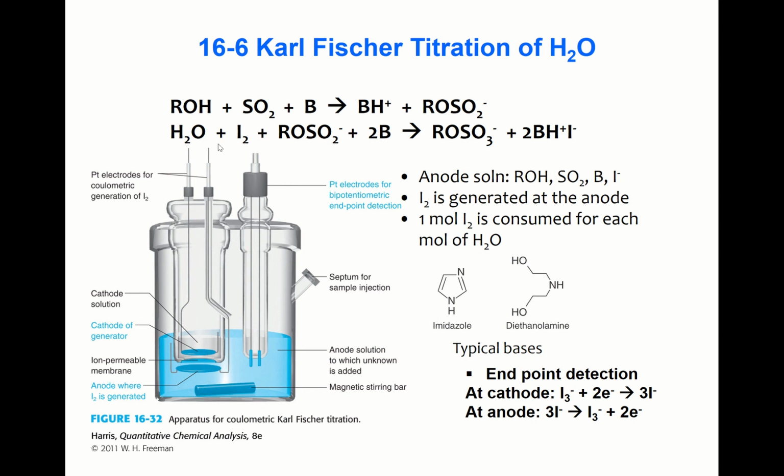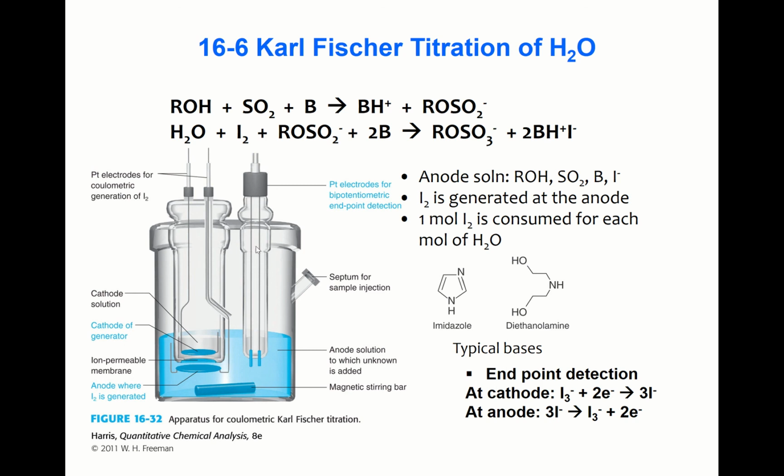And then after all the water in the solvent is consumed by iodine, if there is no more water, then this iodine is ready to be reduced to iodide. Then here this iodine concentration is measured by another set of electrodes. This is the platinum electrode for bipotentiometric endpoint detection.